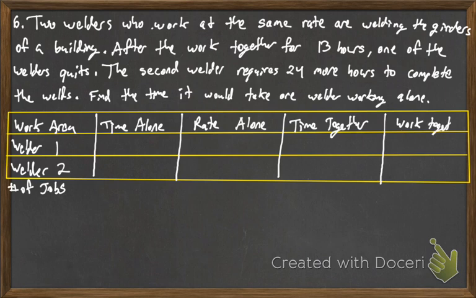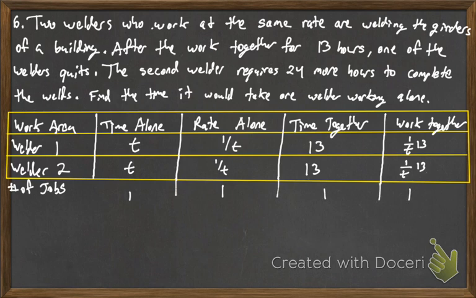Okay. So time alone we don't know, but they tell us they work at the same rate. So we're just going to call that T. Number of jobs, it's still going to be one job. Their rate is going to be the reciprocal, so 1 over T and 1 over T. Time together, they work 13 hours together, so we're going to keep going with that. And then work together, 1 over T times 13, 1 over T times 13.